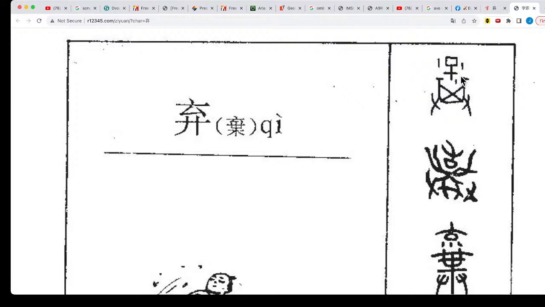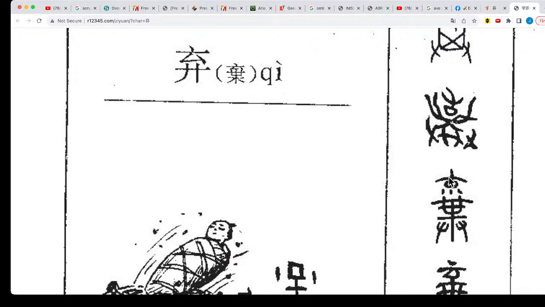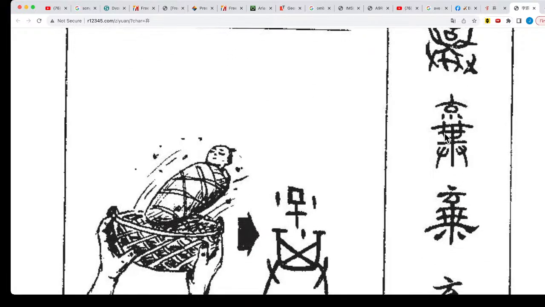If the baby's legs come out first, that's bad. Usually the baby comes out dead. So that's why the picture is like this, to mean that the baby comes out the opposite way. And this one, you see, it's the same baby, same story right there.